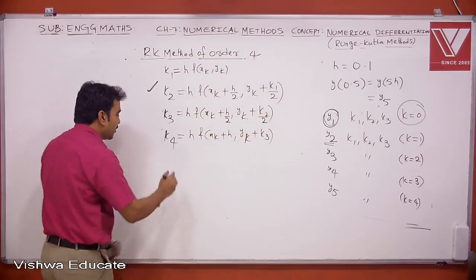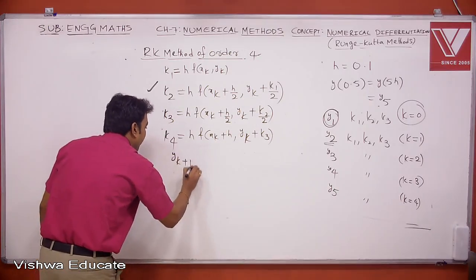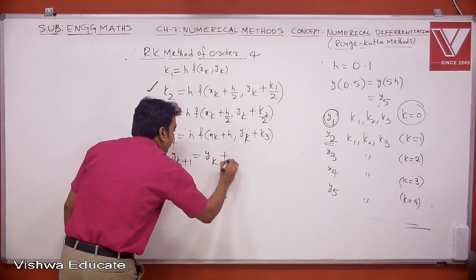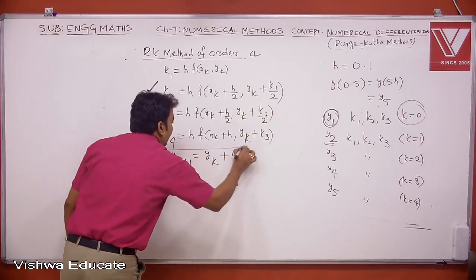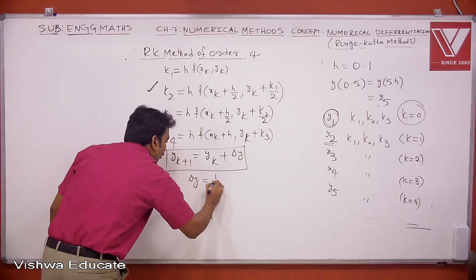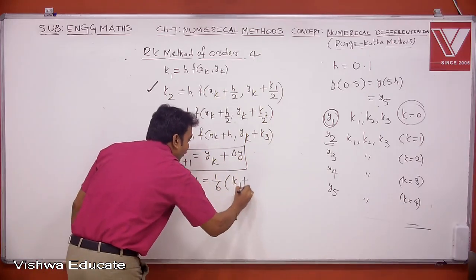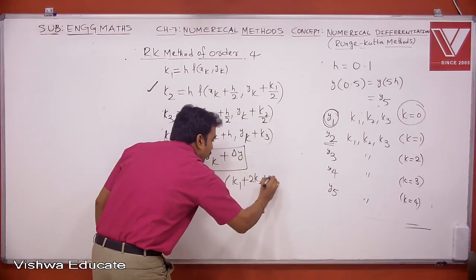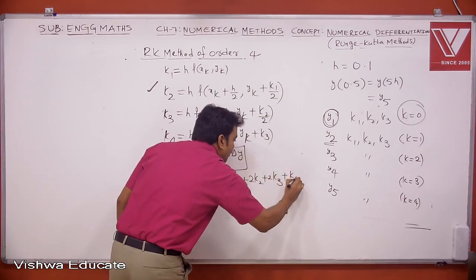So in this case, the value of yk plus 1 is yk plus delta y, where delta y equals 1 by 6 into k1 plus 2k2 plus 2k3 plus k4.